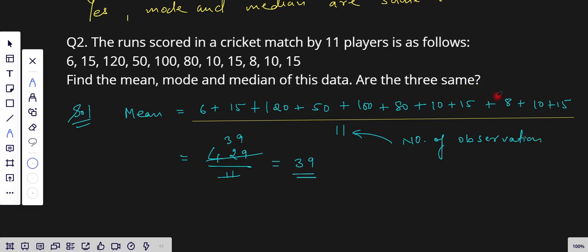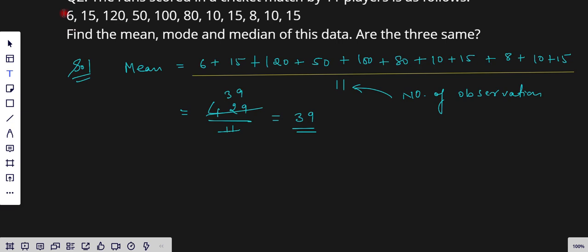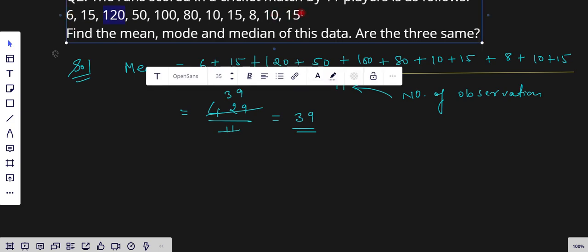Okay, now the next thing which we need to calculate is mode. For mode, again we need to check which value is repeating frequently. I'm writing these values again. Now analyze the data.